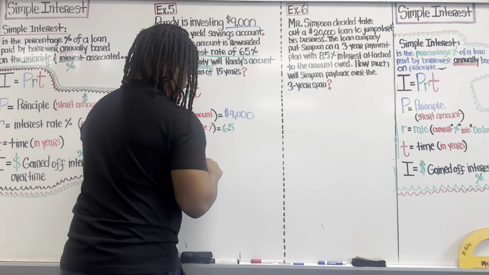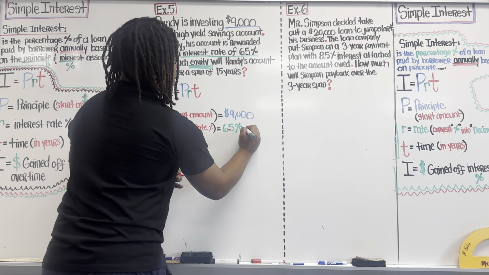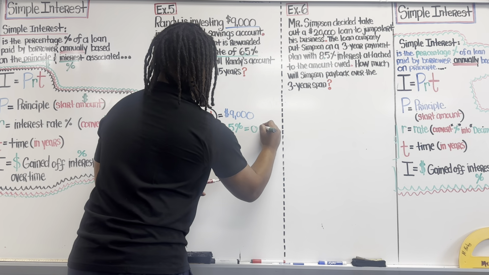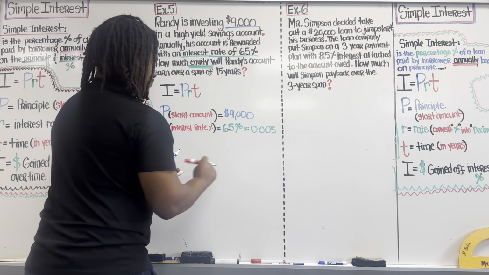So 6.5% actually equals 0.065 as a decimal. Okay?